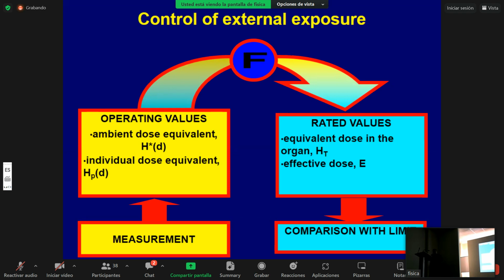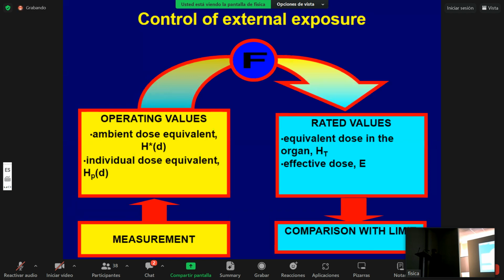Usually it's polyethylene or other hydrogen containing material with density around 1 gram per cubic centimeter. The results of this monitoring are used to calculate the dose of external exposure.